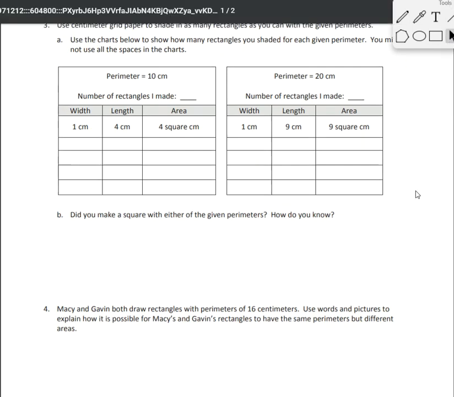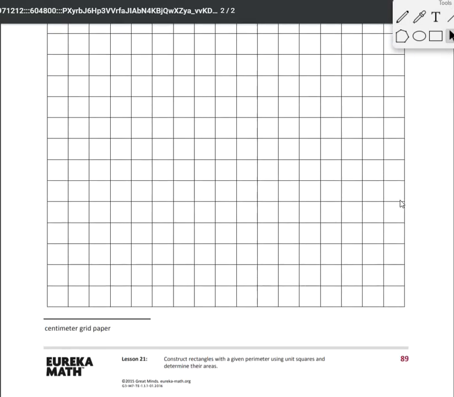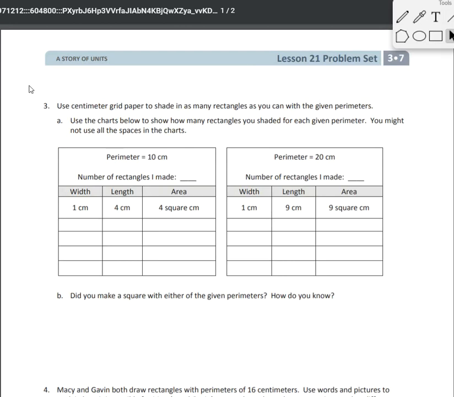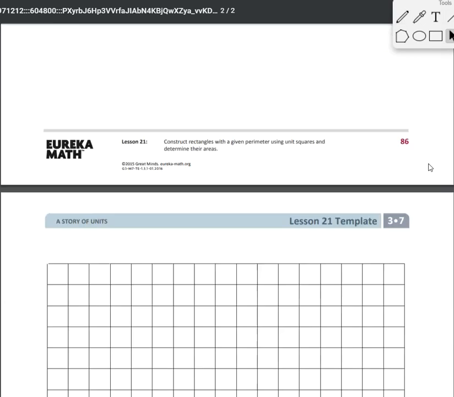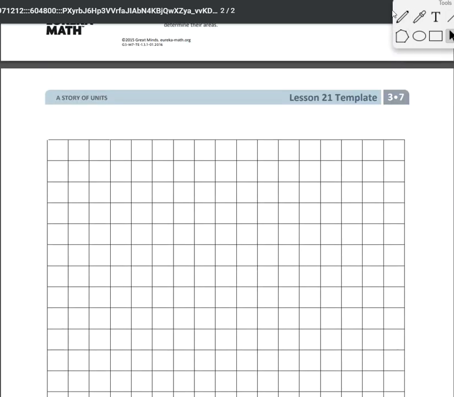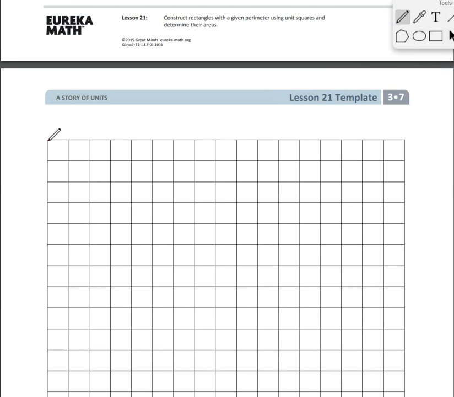So on this assignment today, I have again attached the grid paper because our directions say use centimeter grid paper to shade in as many rectangles as you can within the given perimeters. So this is going to be a little messy when we do this on the computer because on Seesaw we don't have tools that make rectangles for us. But we can still shade.